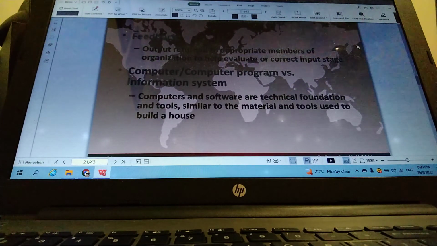That is what we call software to do a certain function or feature within the system. Similar to the materials and tools used to build a house, for example, that is software. Whereas information system is the overall system, which consists not only of the devices and the software, but many more interrelated components, which we will see later.